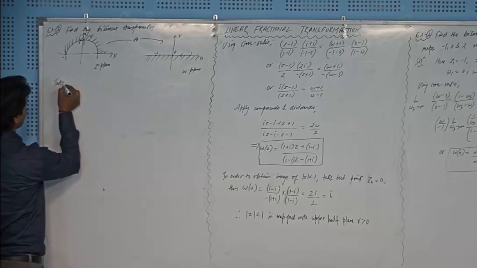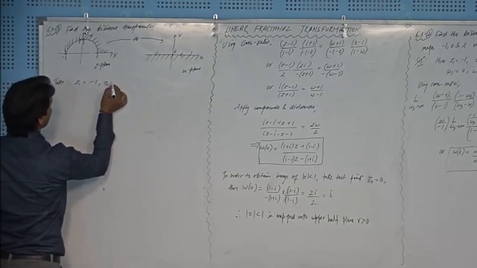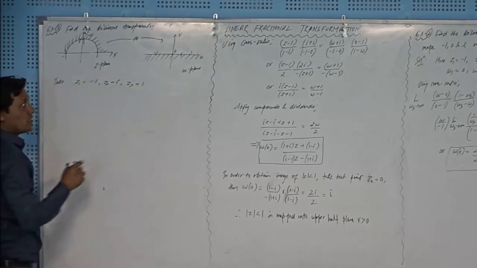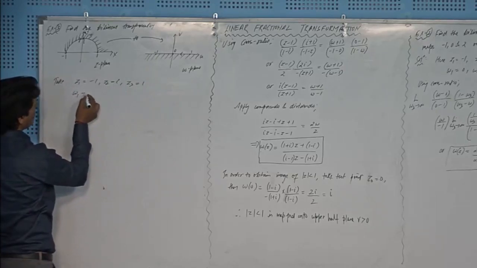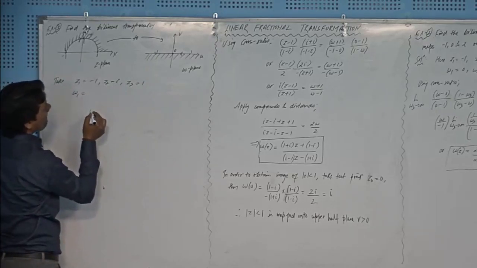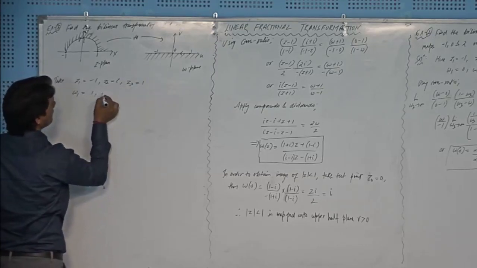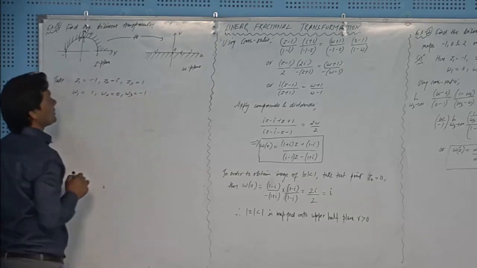So take 3 points, Z1 equal to -1, Z2 equal to eta, and Z3 equal to 1, right? And similarly here, W1 equal to how much? This way, 1, W2 equal to 0, and W3 equal to -1, right?